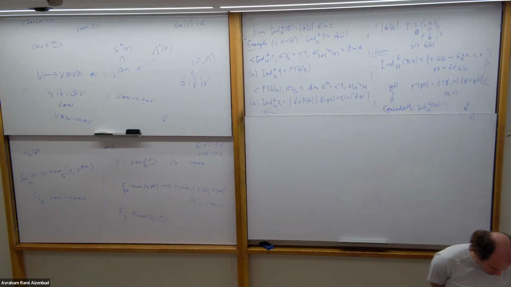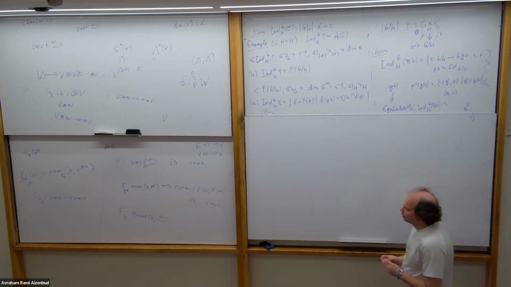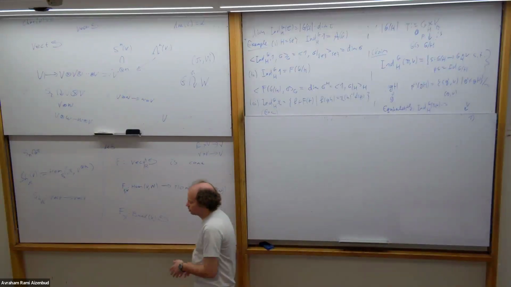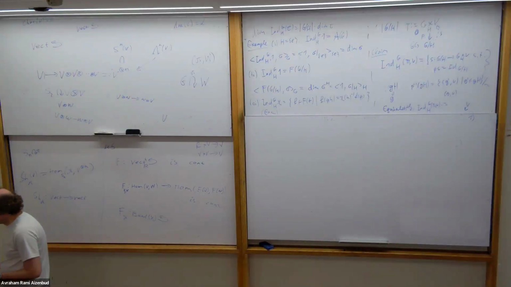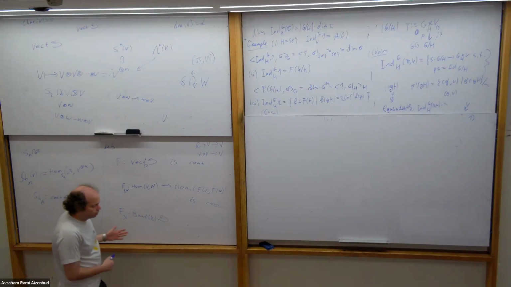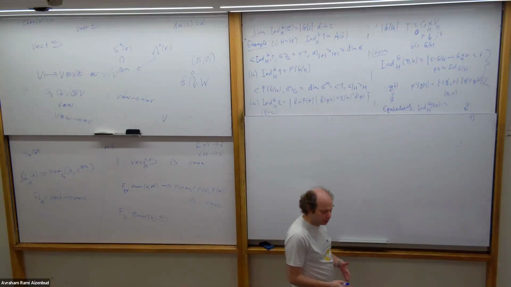Yeah, do I want to give some other examples? Yeah, maybe. So you can use this to reconstruct maybe all the stuff that you already know about vector spaces, about vector bundles.